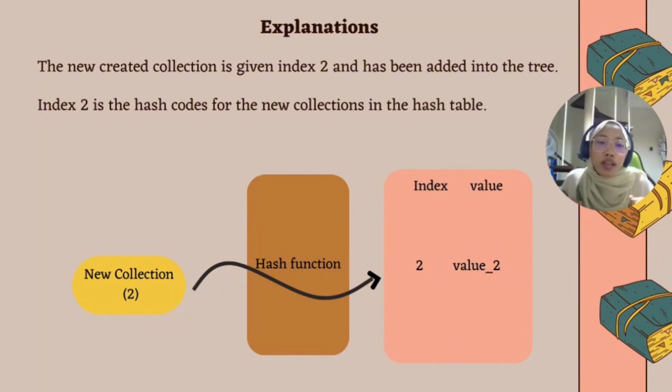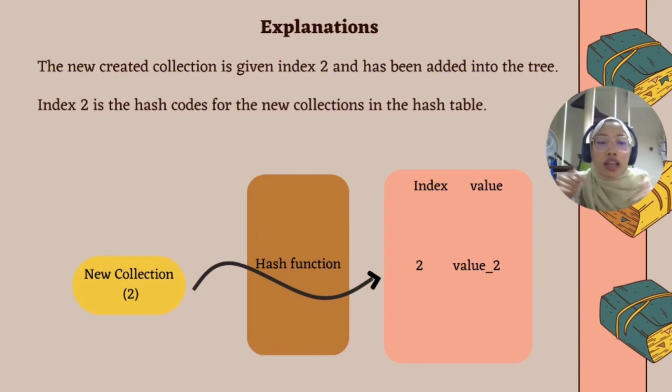And here I would say when you already edit the collection, the newly created collection is given index 2 here. I give it index 2 and it has been added to the tree. Okay, index 2 is the hash code for the new collection in the hash table.